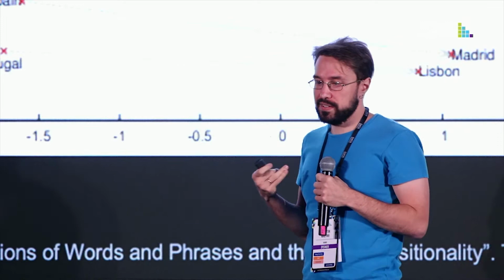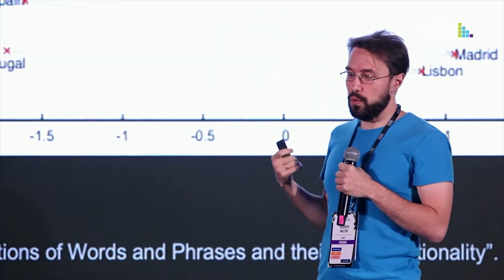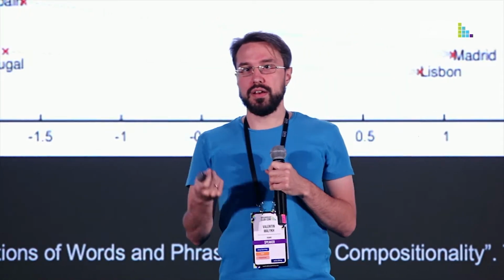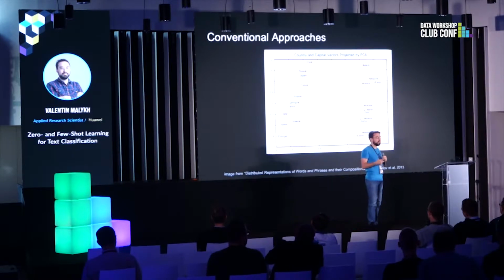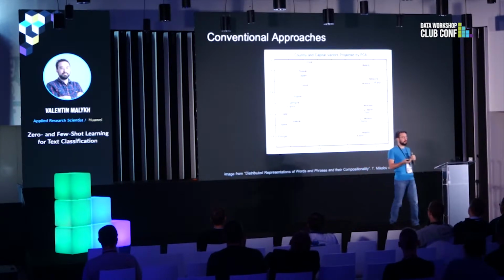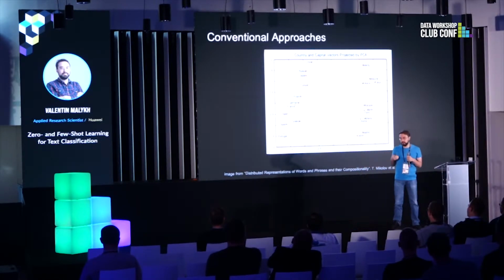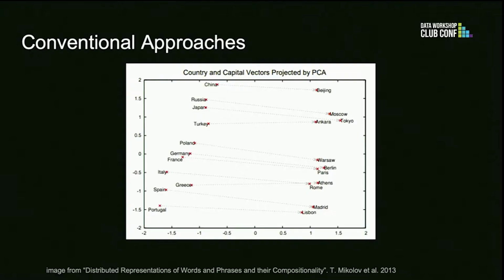Word2Vec essentially is a way to represent a word and its semantic qualities, some semantic features. And as you can see, these semantic features could be useful.